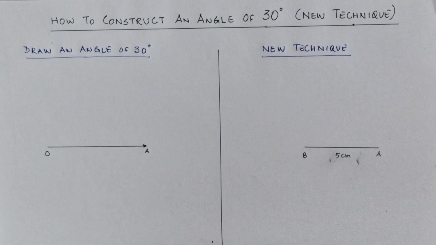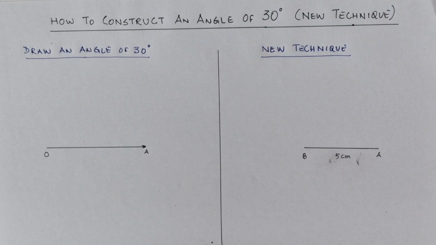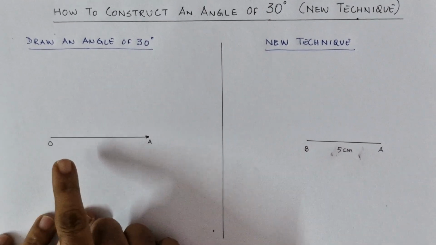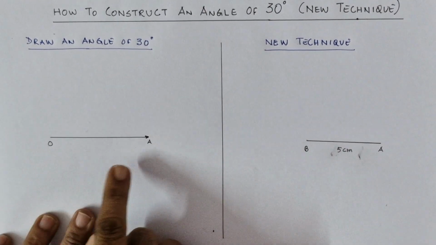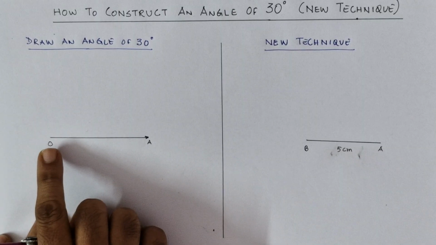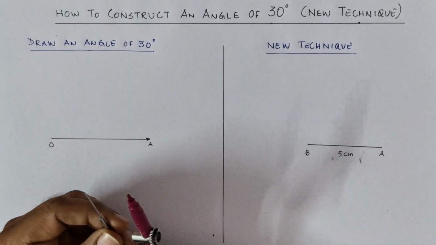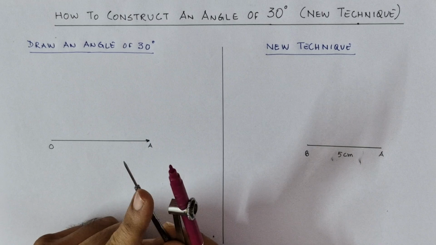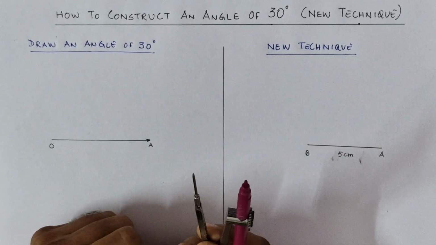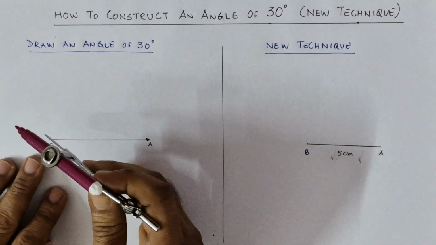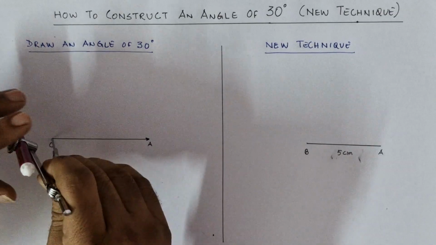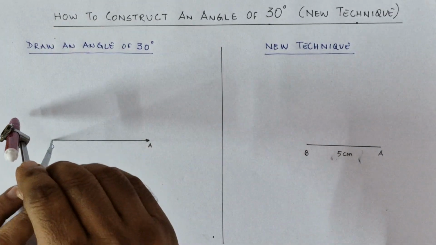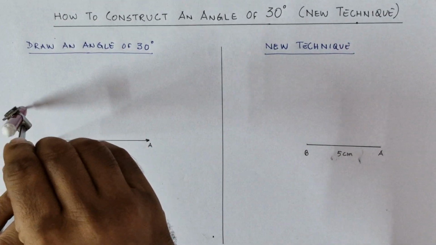So let's start. You know that you need an arm of an angle. So I have already drawn an arm of an angle, that is AO and OB in the vertex. Let's take any length in the compass and point the needle in the vertex O, and without changing the radius of the compass, just draw an arc.